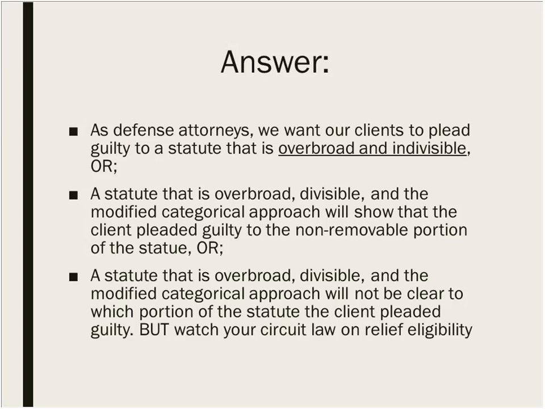If that's not going to happen, and sometimes as you dive into your state case law, you'll see that your statutes are simply divisible. They have multiple offenses in them, or there's already a BIA decision against you on that issue, and there's not much you can do about it in front of the IJ. If it's overbroad and divisible, then you're going to be arguing that the client pleaded guilty to the better portion of the statute.